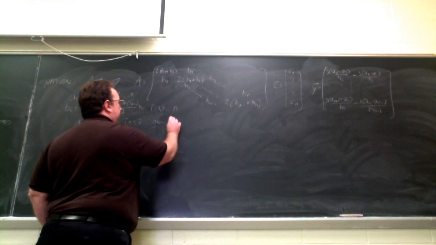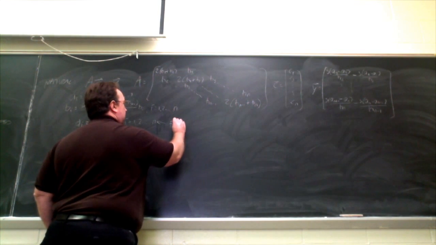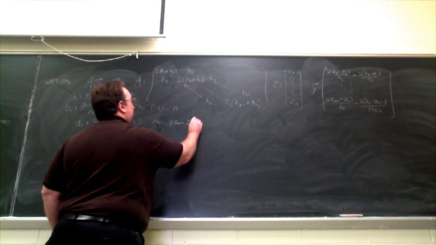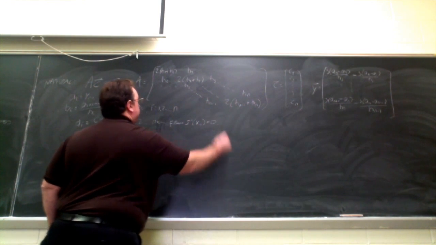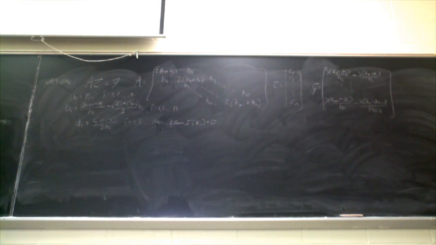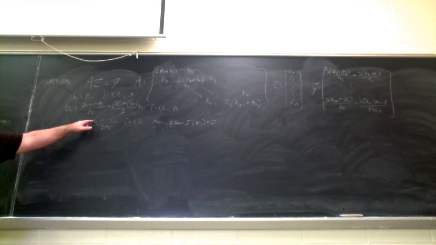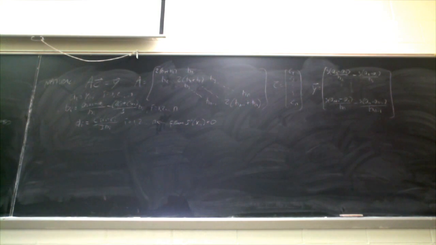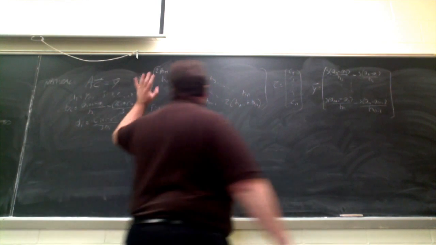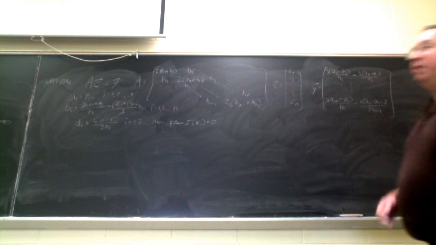The part where it's n is from s double prime at xn being required to be 0, and we would fill in 0 here for C(n+1) to make that happen. Okay, so there you have it. You solve a system of equations, get the remainder of your coefficients from these conditions, and you have your spline.